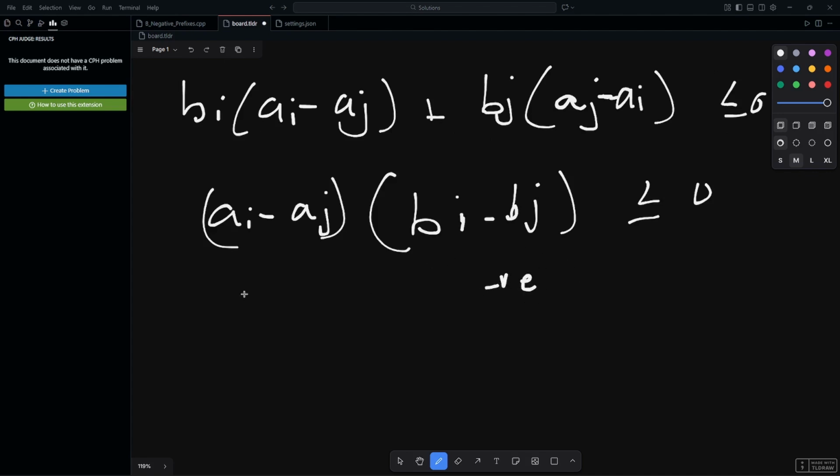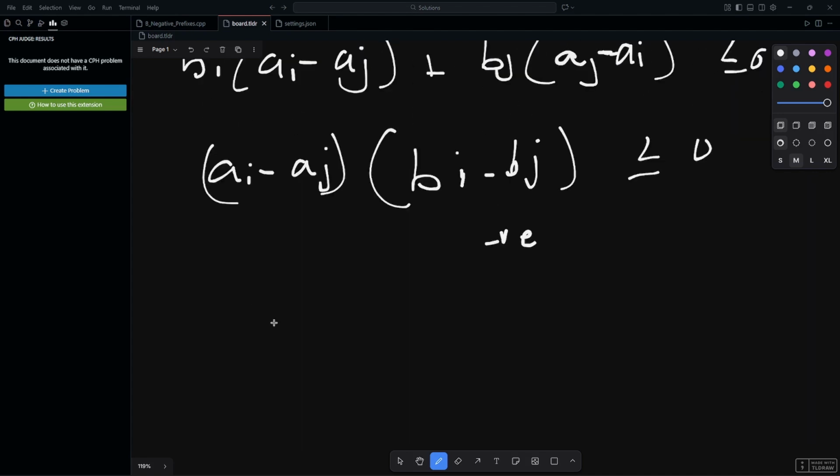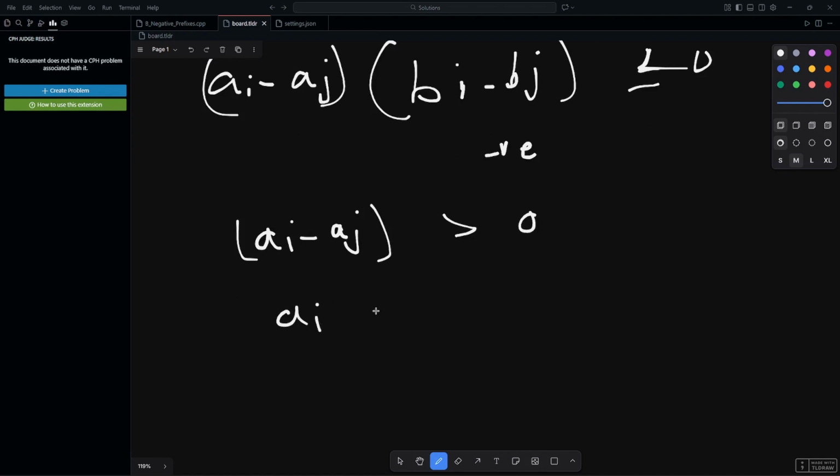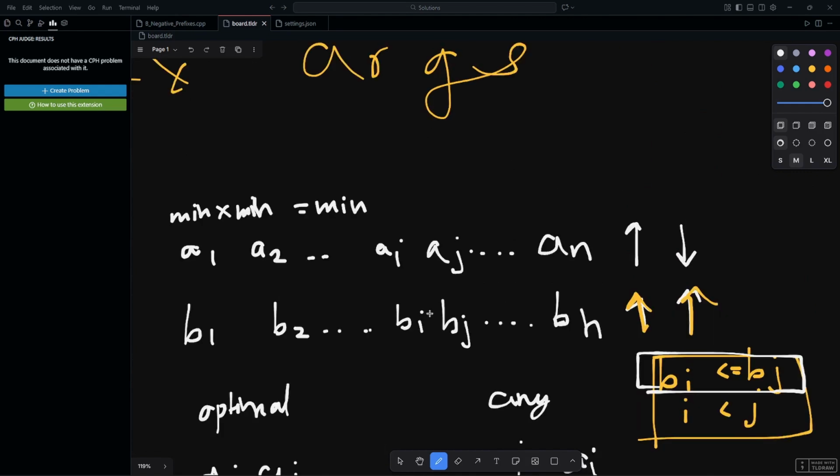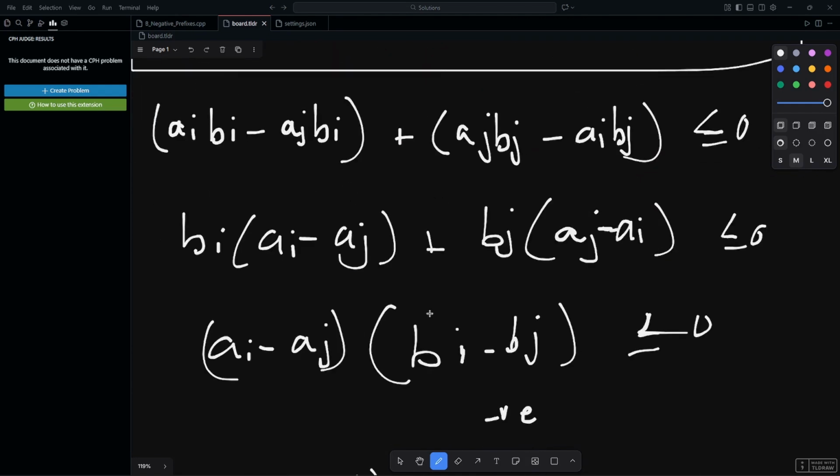Now coming to AI minus AJ, if BI minus BJ is negative, to get the whole expression negative, AI minus AJ should be positive. That means AI is greater than AJ.